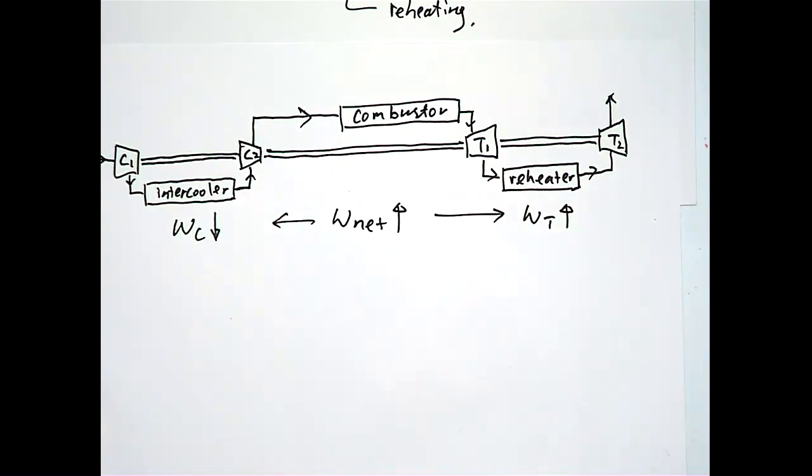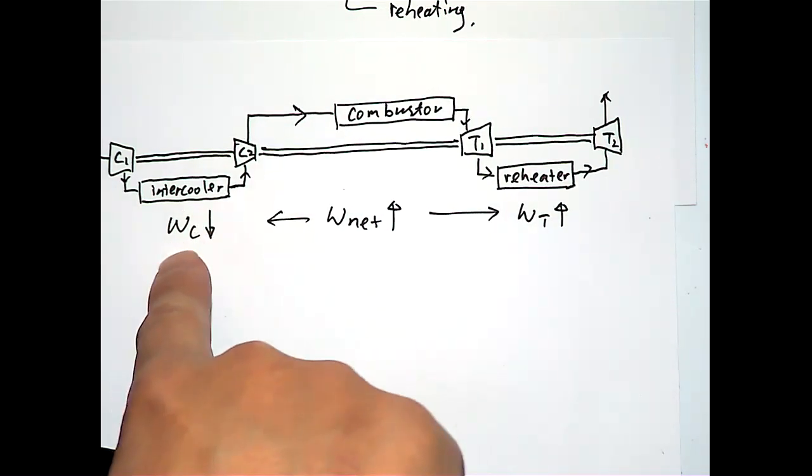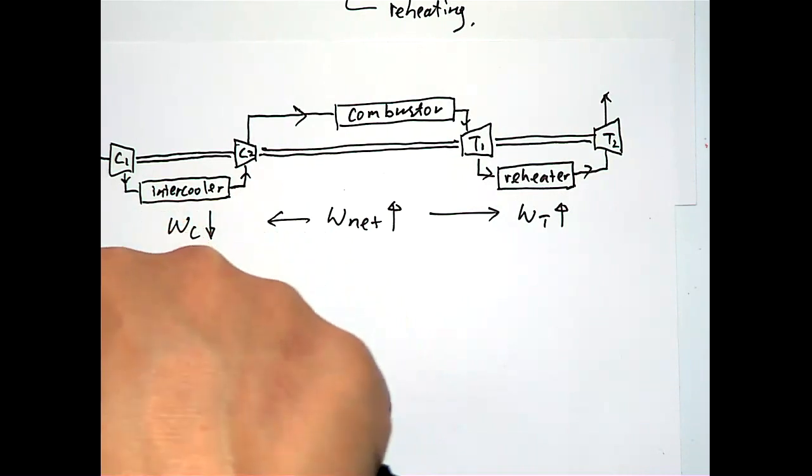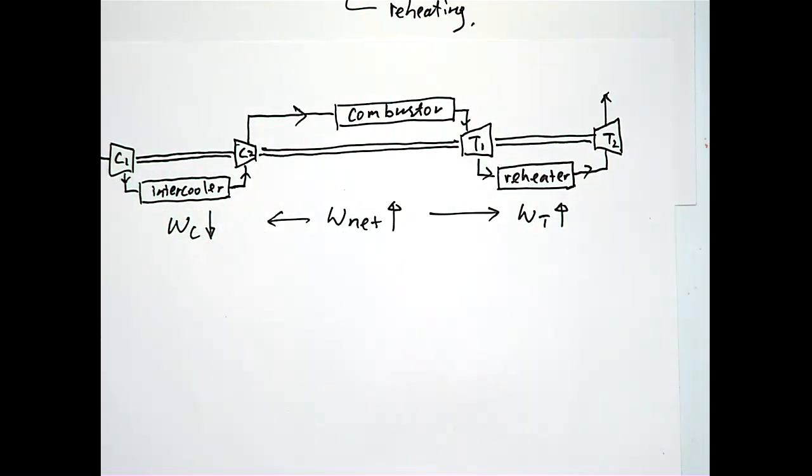So with these two combined together, the net work output will go up. But in terms of thermal efficiency of the process, you are actually working against the efficiency. So if you're using an intercooler and or reheater, you gain more work output, but you lose efficiency.